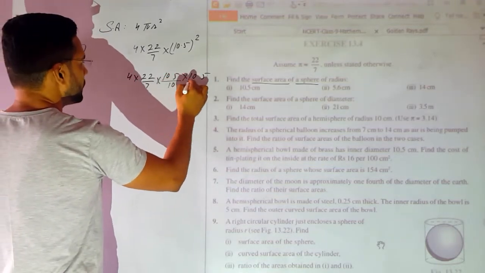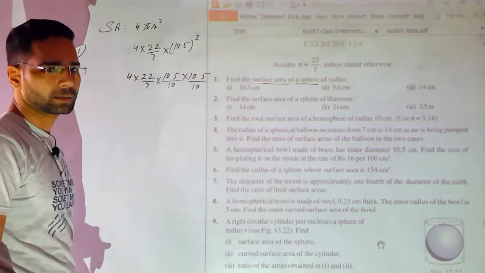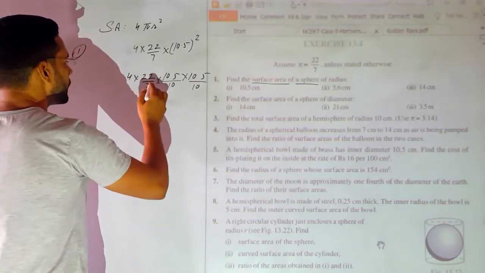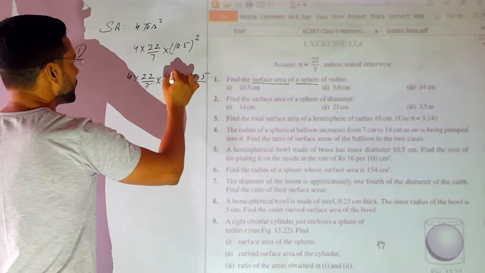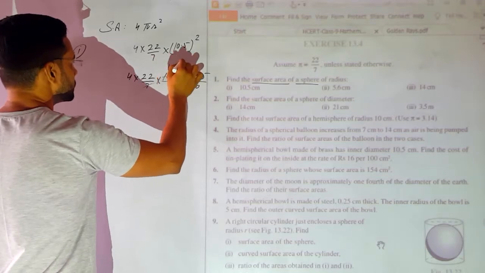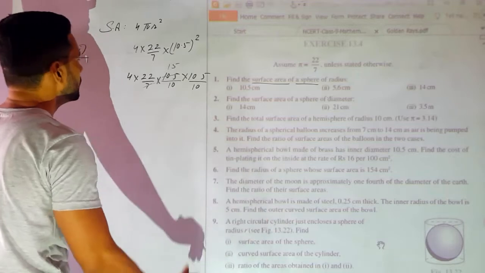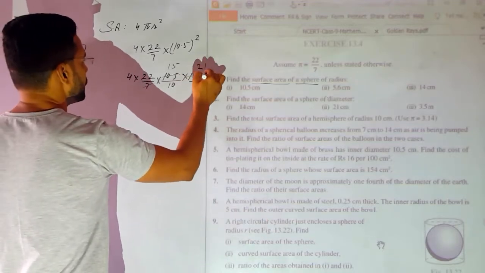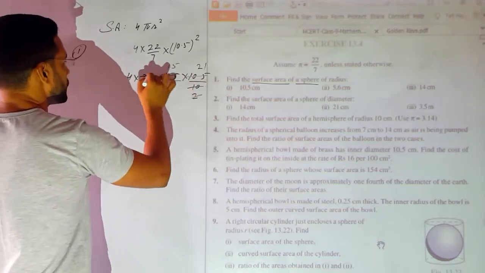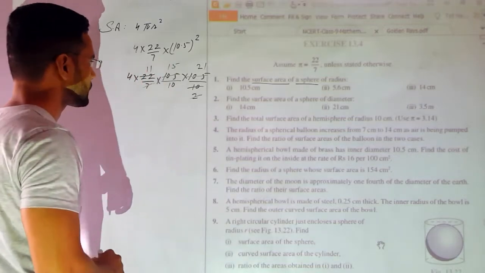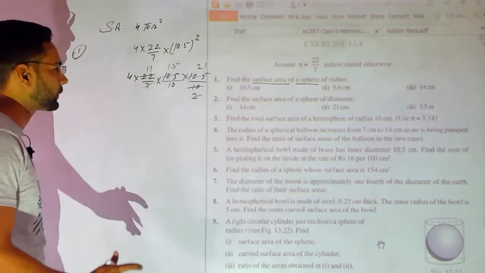Remove the decimal and put the 10 below the value. Now cross it from 7, and cancel.